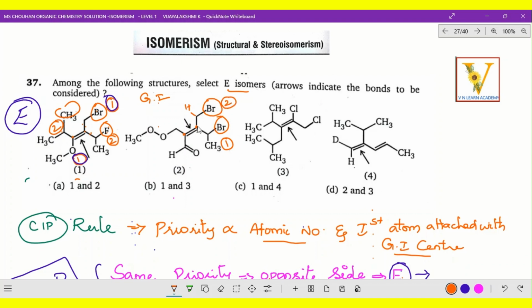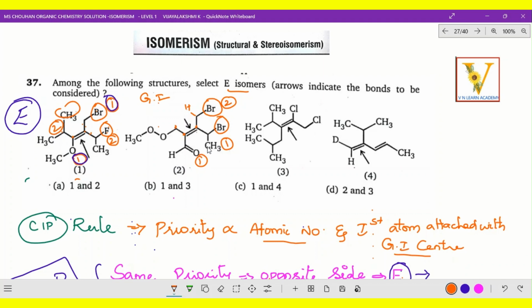In the same way, now this C, this arrow mark, this Gi. Whom will you give the priority? Oxygen which is attached, of course, you will give priority 1. And this is carbon which is connected with carbon, then only oxygen. Two oxygens are available, but it is carbon only which is attached.